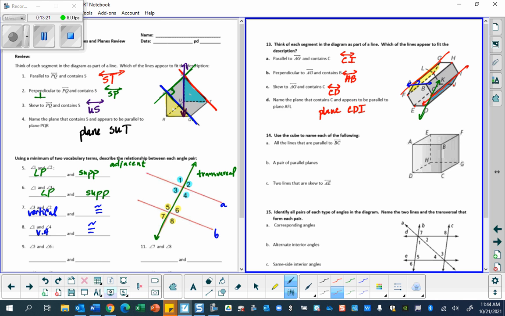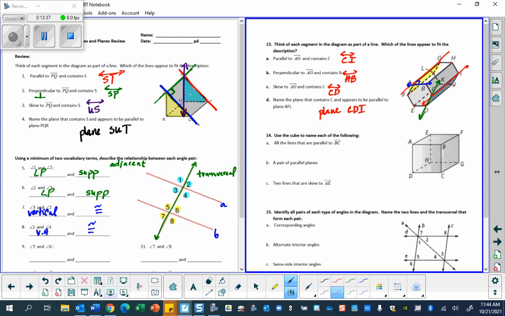We spent some time reviewing what it means to be parallel, what it means to be perpendicular, what it means to be skew, and we talked about the transversal and then those angles created.